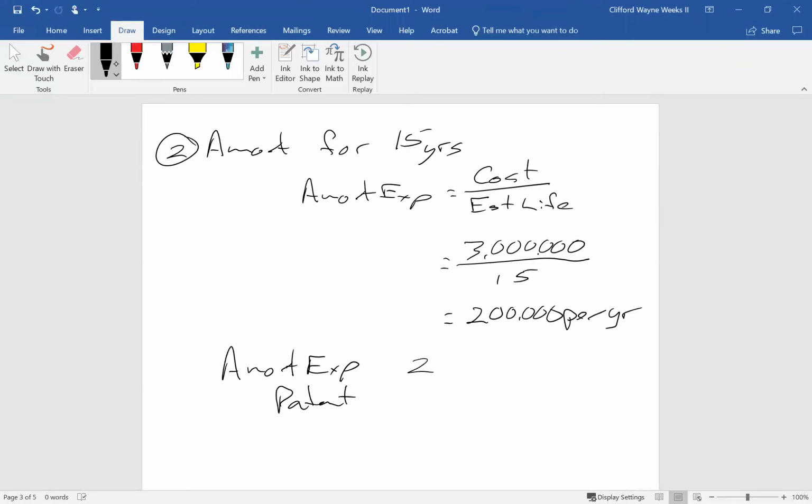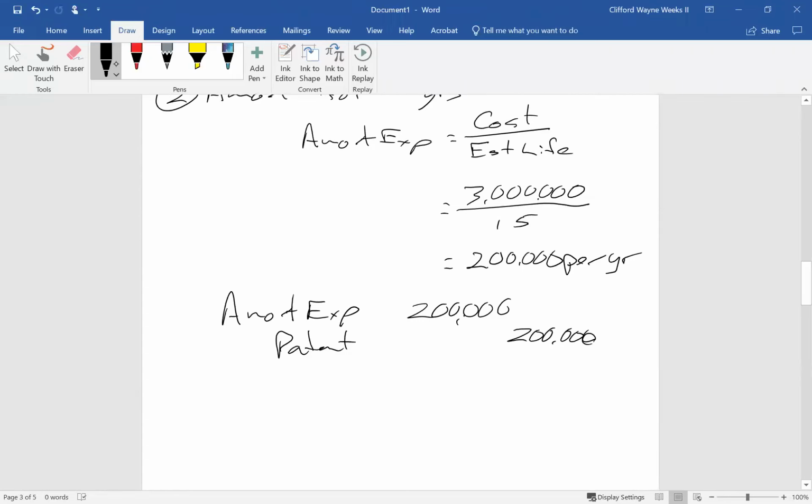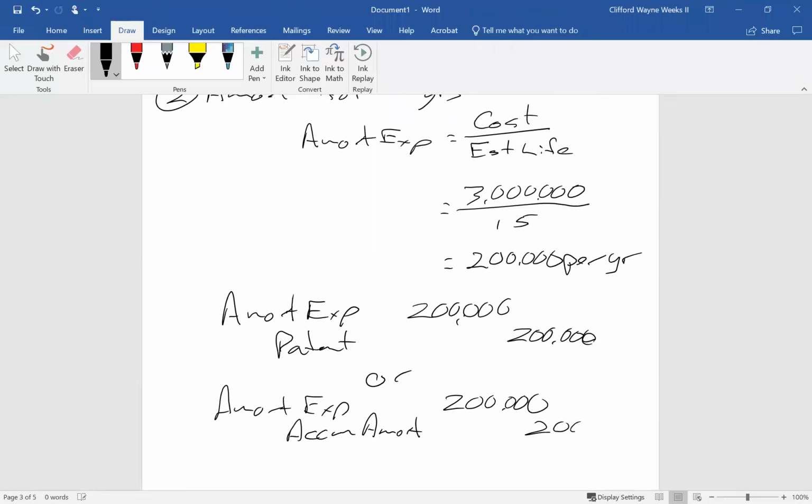And so we'd record this for 200,000. The alternative way would be to record the amortization expense and accumulated amortization, just like we did with the depreciation.